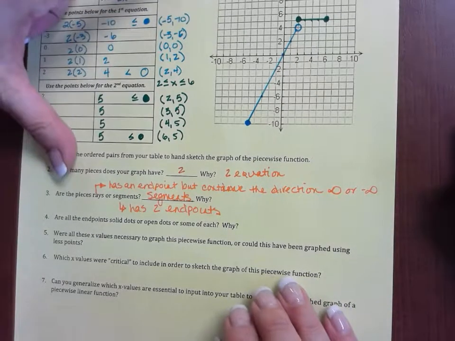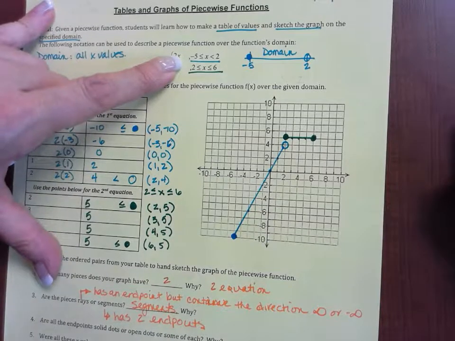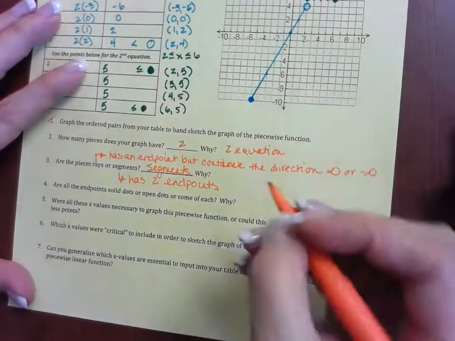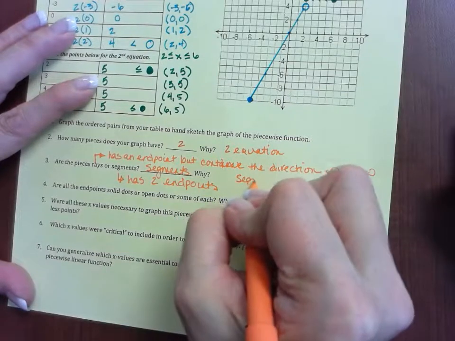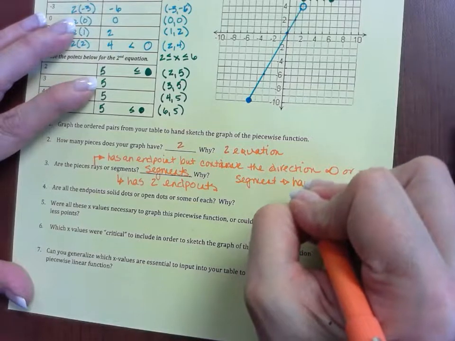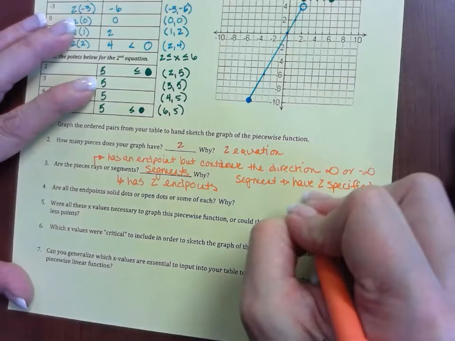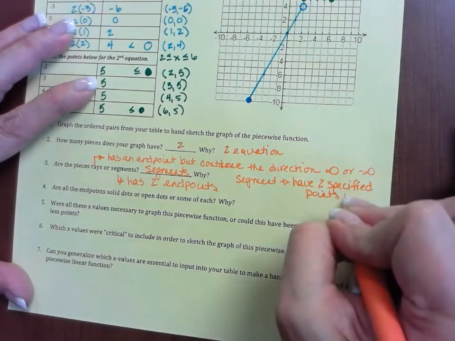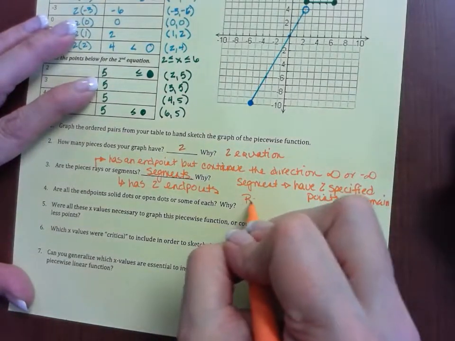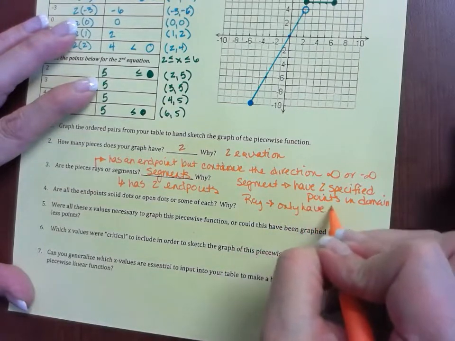What are my domains for these? My domains for these 2 have specific points on each end, right? So, if it's a segment, you have 2 specified points in your domain. If it's a ray, you only have the 1 point.